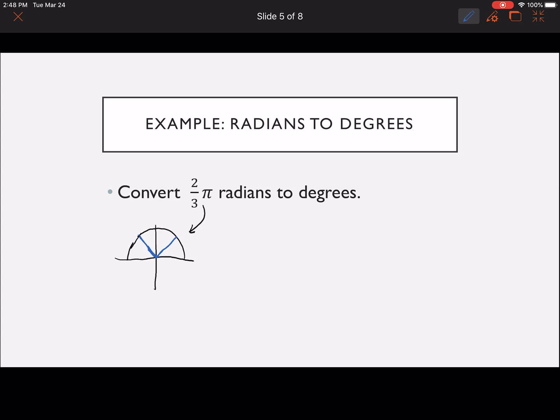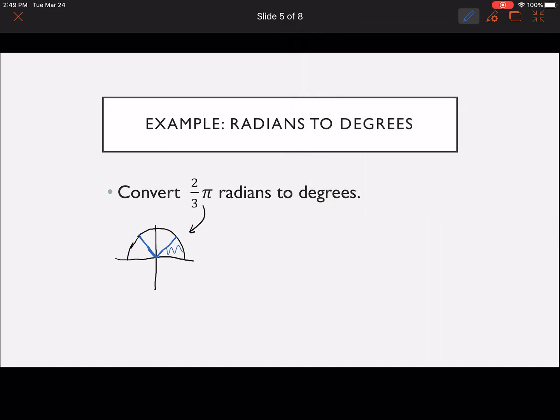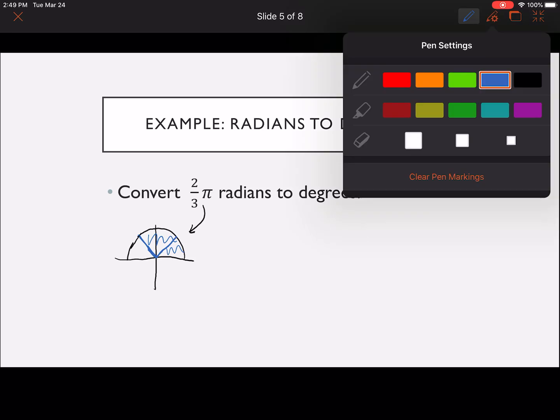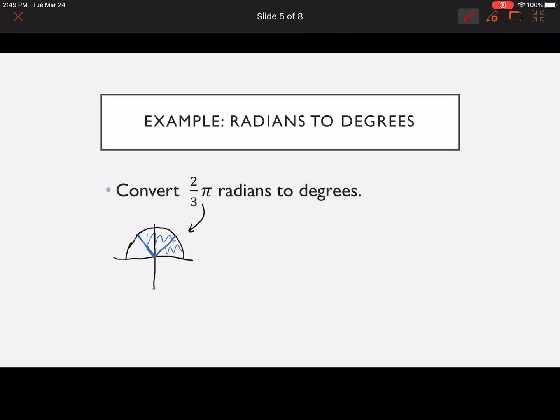But if I've got 3 equal pieces of this thing, and I know that I had 2 of them, well, let's think about what's going on here. In radians, we know that we've got 2/3, meaning we've got this one and this one. In degrees, that same half circle is 180 degrees, split up into 3 equal pieces.